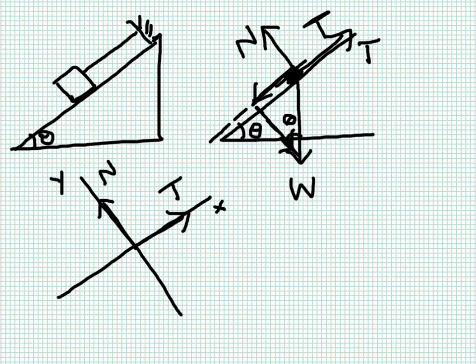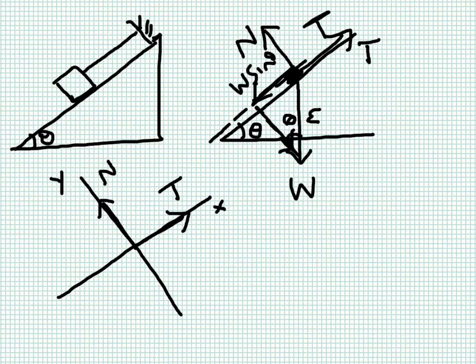So W is the weight, that's the hypotenuse. If that's W, this one down here is W sine theta, because that is the opposite side of this angle theta, and this is the adjacent side of this angle theta, right?